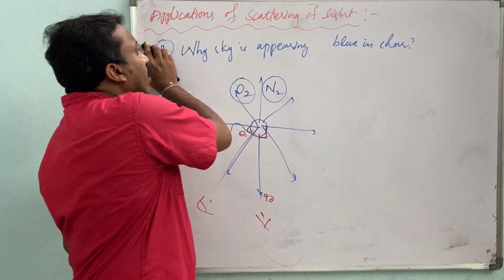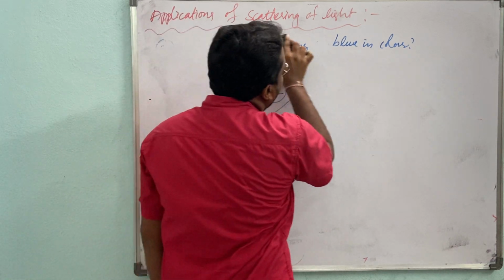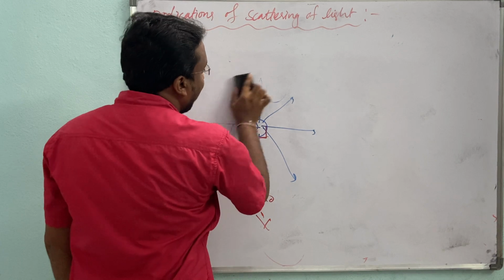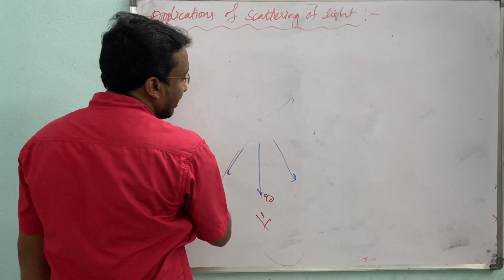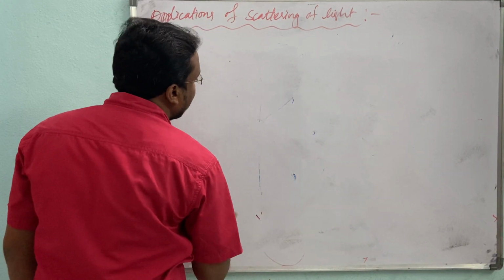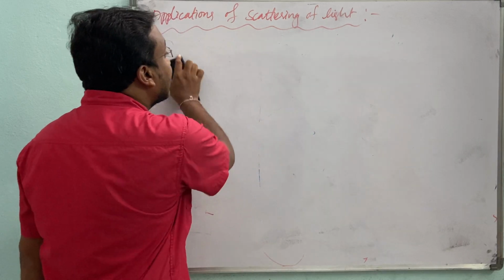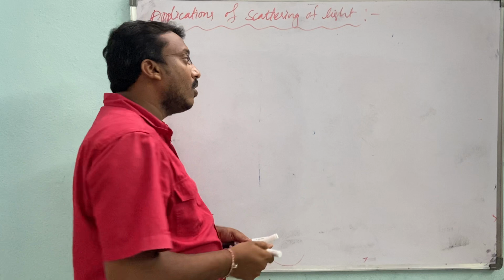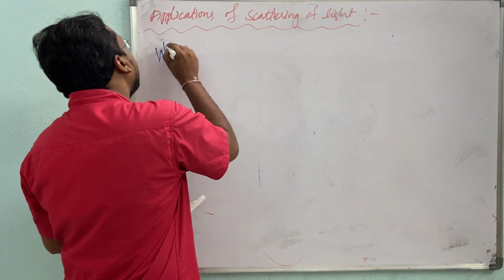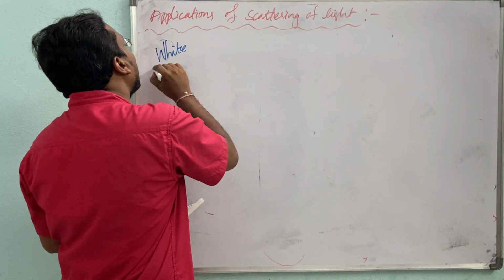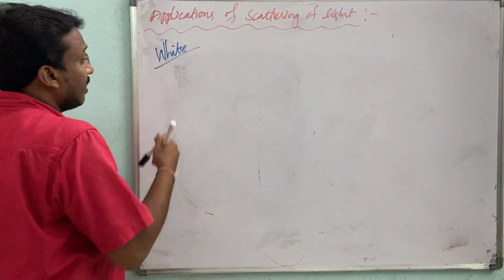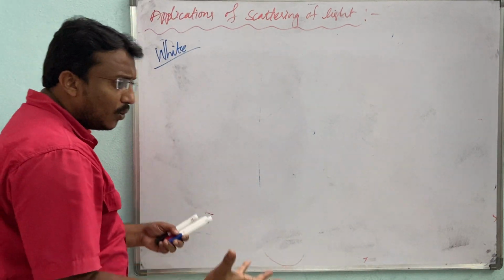Always the sky appears blue in color. But we know that at noon, in summer noon times, if you observe the sky, it appears white in color. Why?